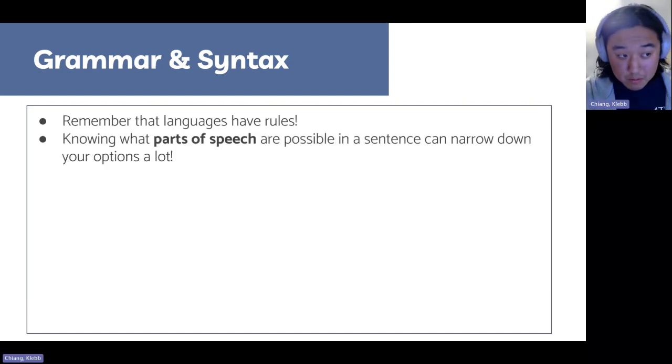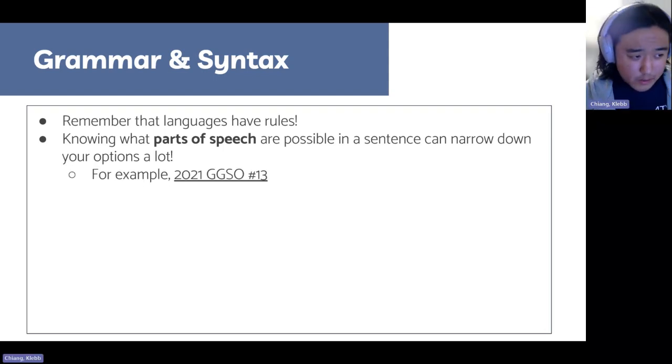For example, parts of speech can only appear in certain parts of a sentence. In English, it's very rare to have a noun then another noun. Instead, it's much more common to have a noun then a verb, or something like that, right? Subject, predicate. So you can think about things in that way. I'll give you one explicit example, and that's 2021 GGSO number 13.